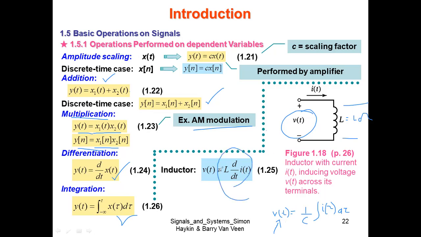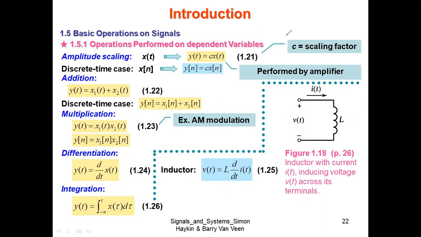So the inductor is an example which differentiates the current given to it, whereas a capacitor integrates the current through it to generate the output voltage. Okay, so these are the basic operations that can be performed on dependent variables.